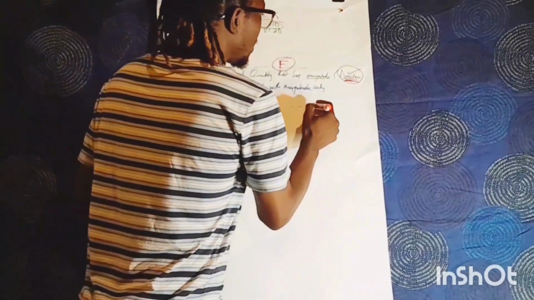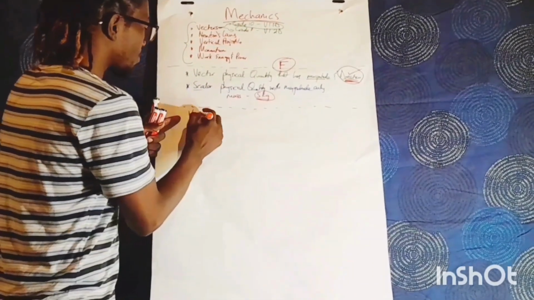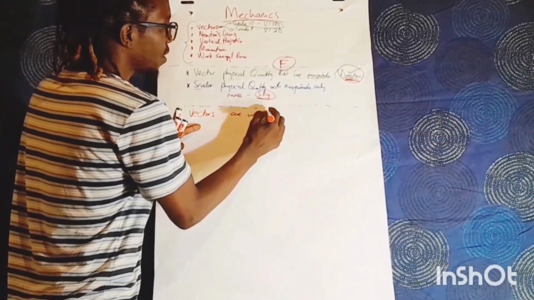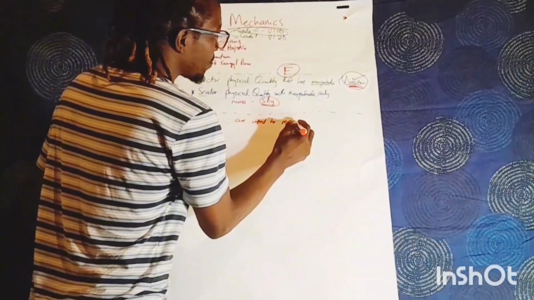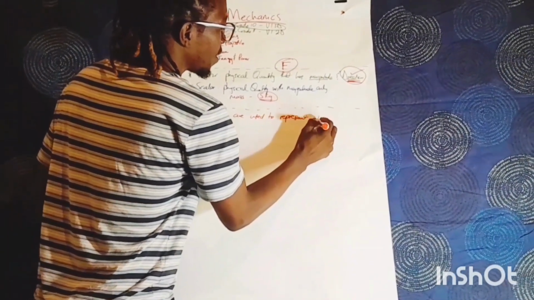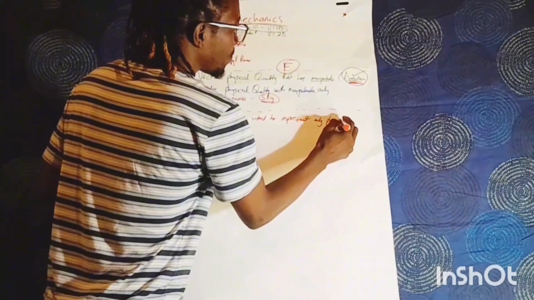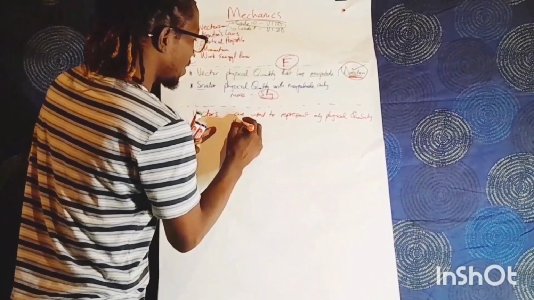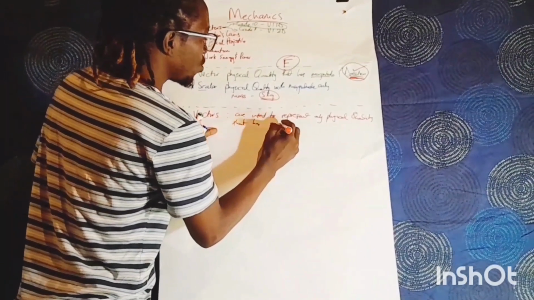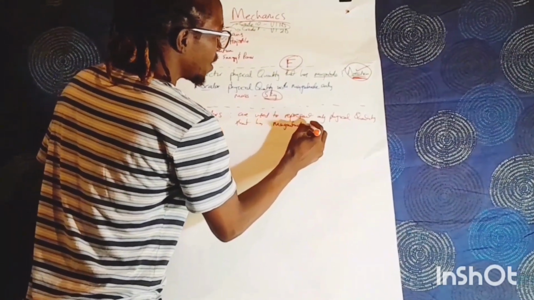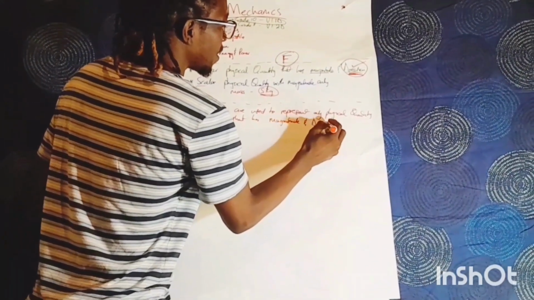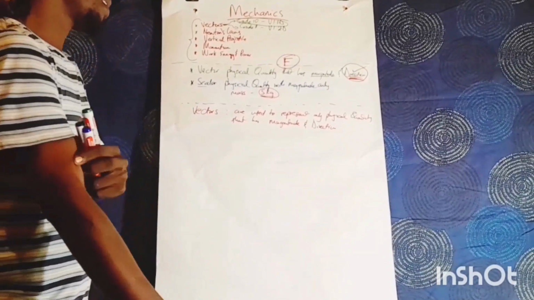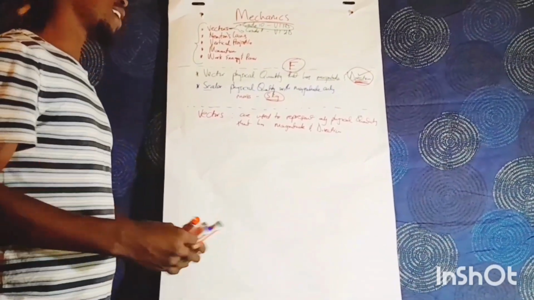So let's go into details about vectors. Vectors are used to represent any physical quantity that has magnitude and direction, right?